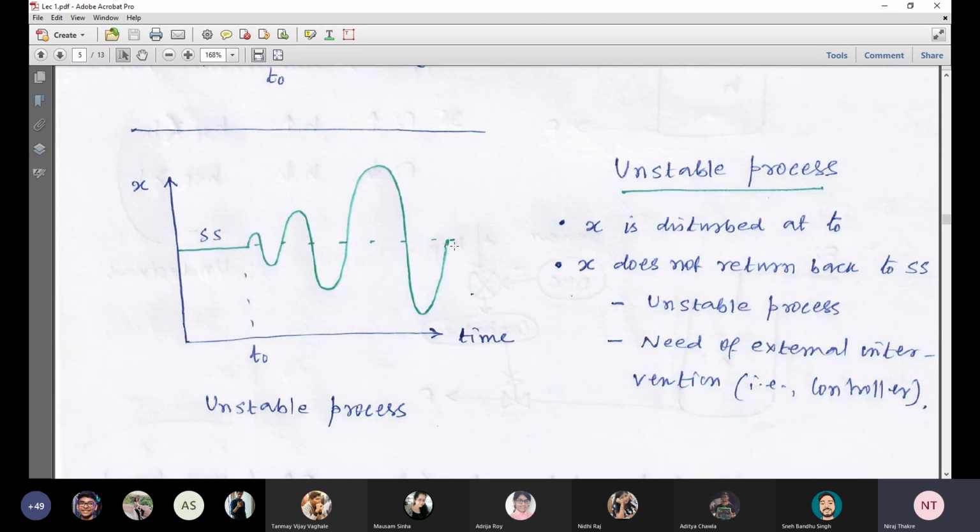Fine. And in this case, our objective is quite clear. We want to come back to the original steady state. We do not want this oscillation. Or even if oscillation is there, it must be with decreasing amplitude, not increasing amplitude. And this can only be done by the employment of a controller.